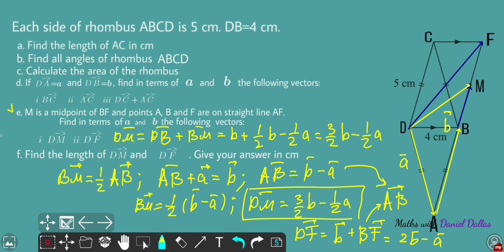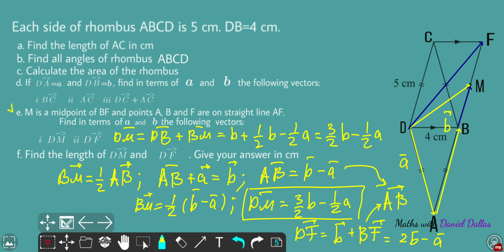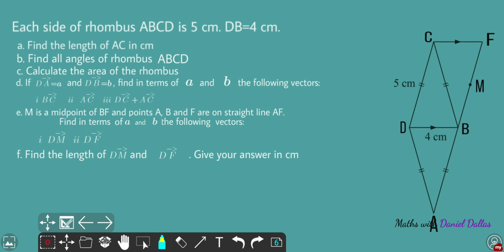So done with the E part, and finally, let's go to part F. We need to find the lengths of vectors DM and DF, okay? Even if we know that DM is 3 over 2 B minus 1 over 2 A, we have no idea how to work out the lengths, right?